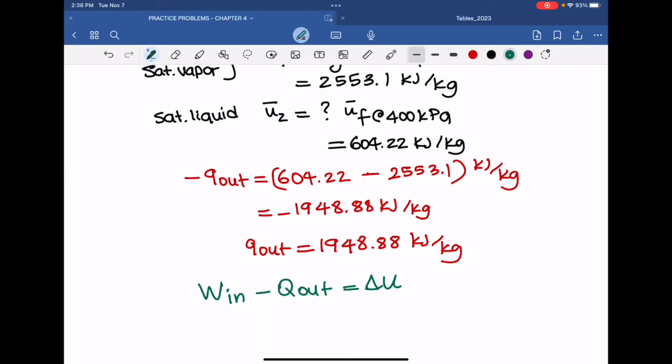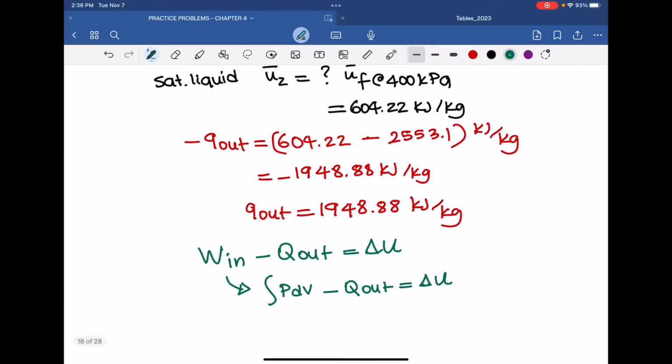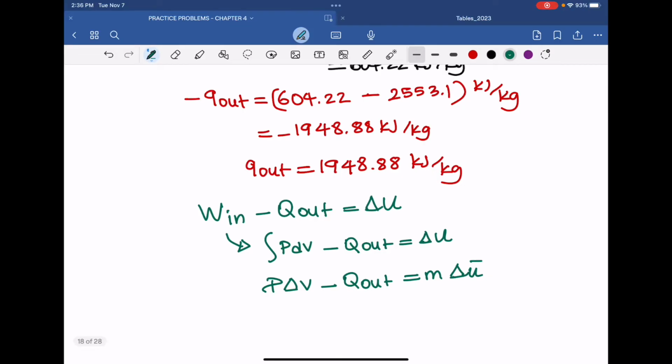right? And in that case, is it easy to solve? We need to check, because this can be found from P dV, which is a constant pressure process. So we might need to divide each term by mass. We can do that.